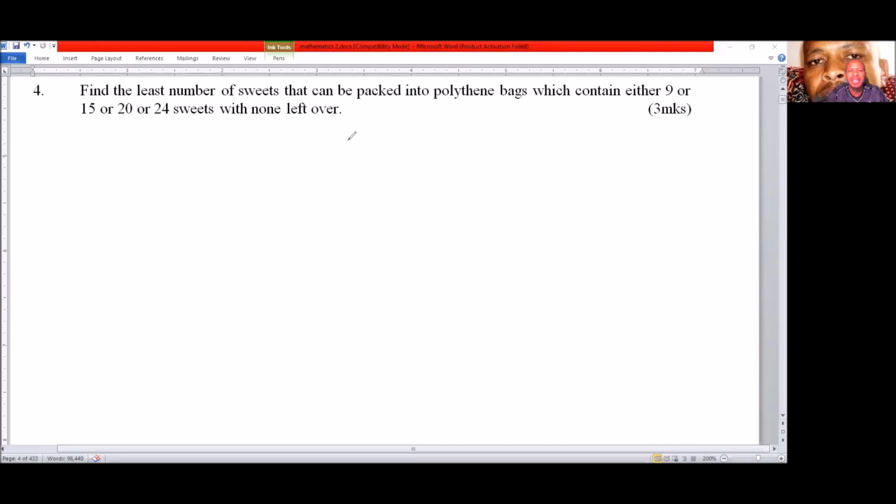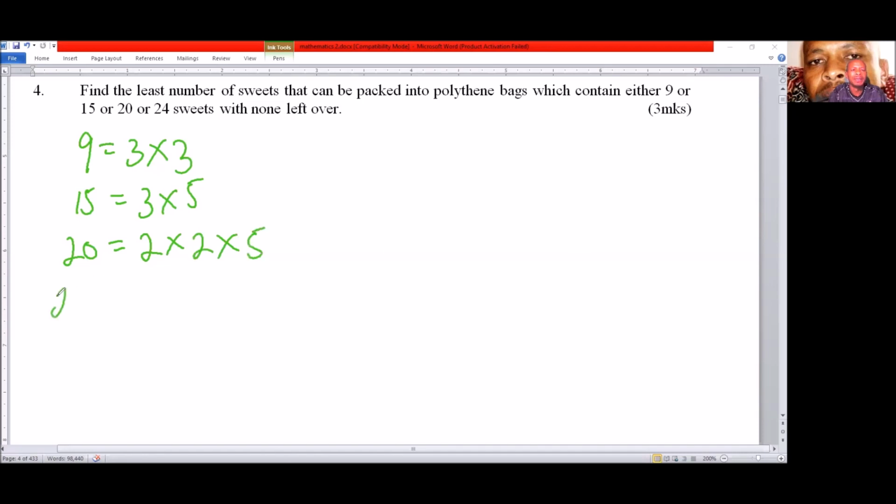So if we get a bag, it will be the LCM of 9, 15, 20, and 24, because that LCM will be a bag that can fit packets of 9 sweets, packets of 15 sweets, packets of 20, and packets of 24.